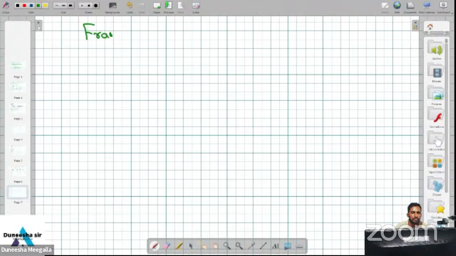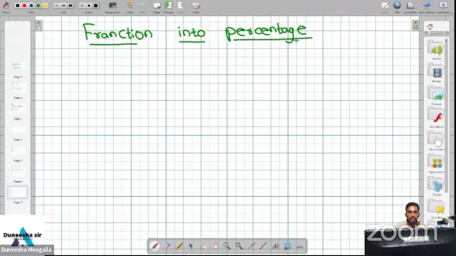Fraction into percentage. Let's see how we convert a fraction into a percentage. First example, one over two. It's half.